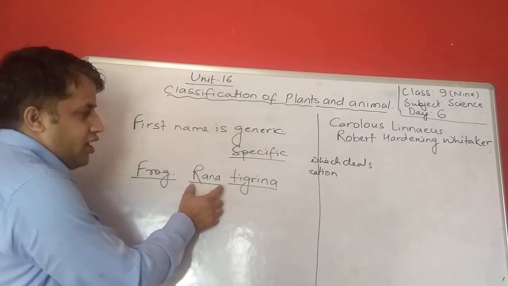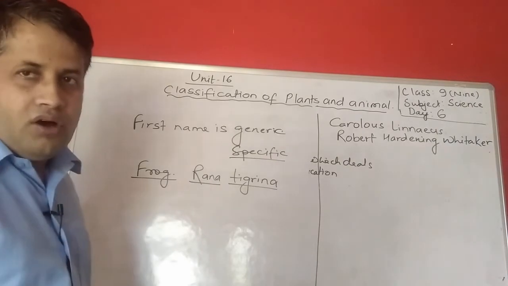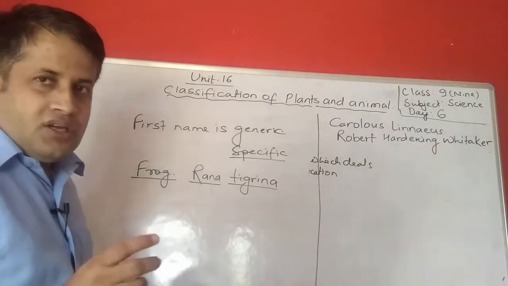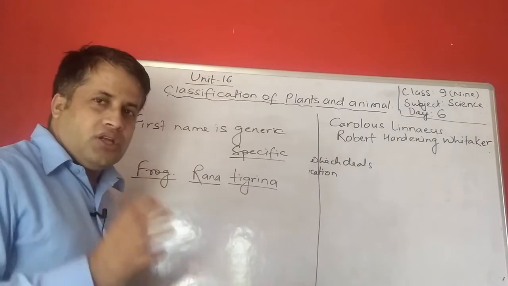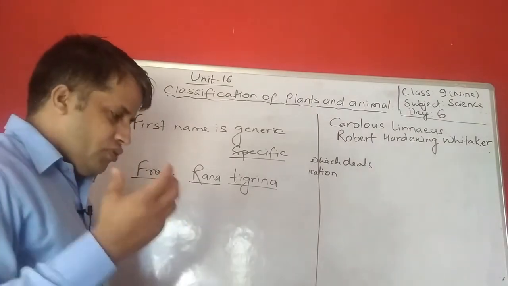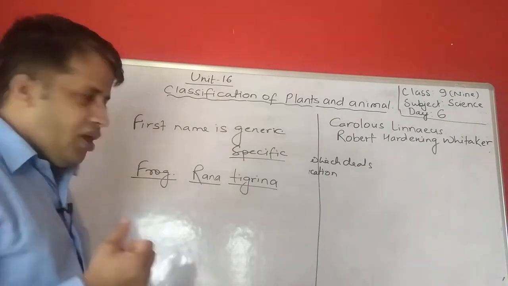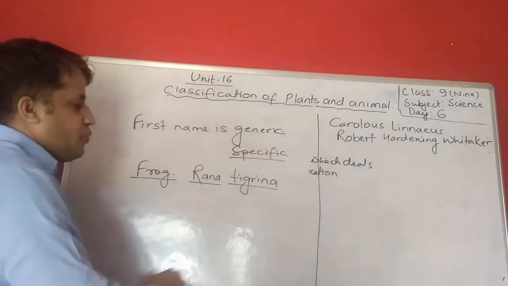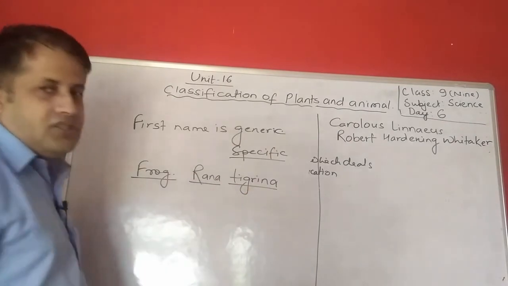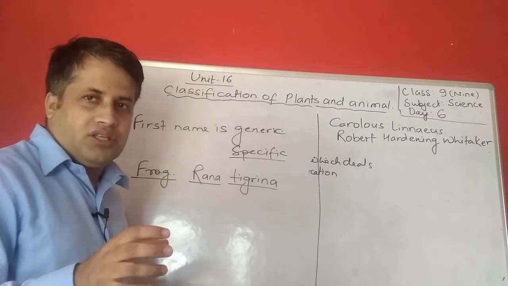The first one is Rana, which is the generic name of an organism. Generic name means a group of closely related organisms, which are closely related with each other. And the second is the specific name of an organism, which relates to a particular species of an organism.